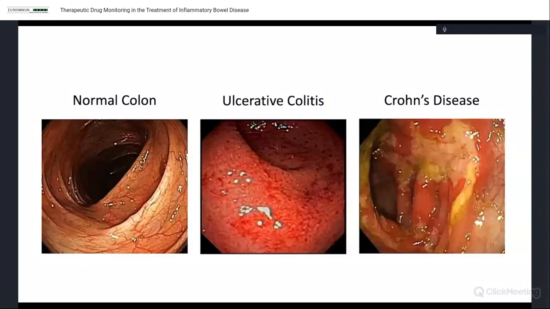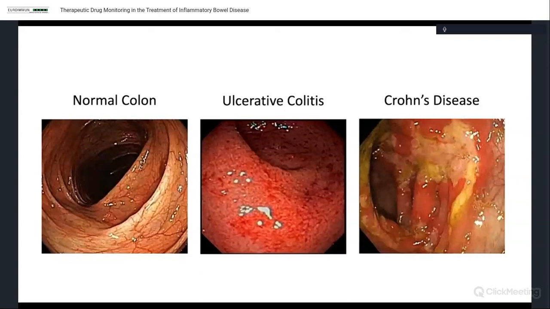These are pictures of normal colon and those affected by inflammatory bowel disease through an endoscope during colonoscopy. So on the left, you see a normal colon with a delicate thin lining, reflected light from the endoscope, and nice folds. In the middle, you see a colon from a patient with ulcerative colitis where many of these features are lost.